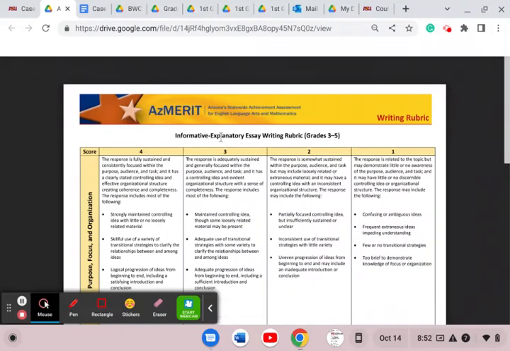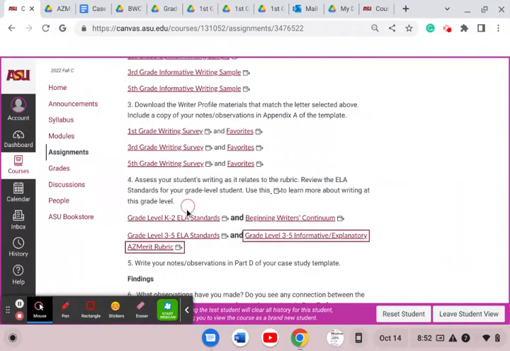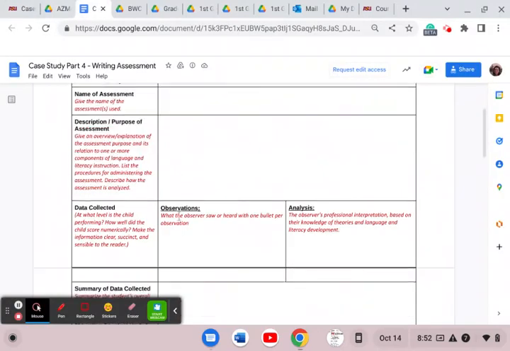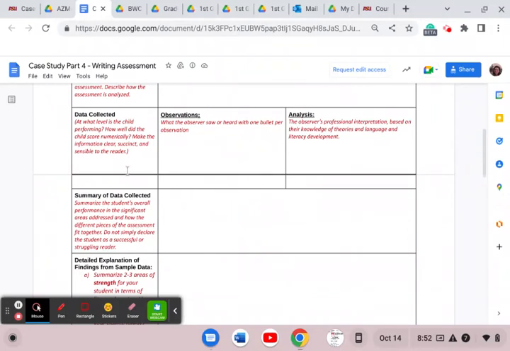So informative, explanatory, essay, writing rubric. There you go. Coming back to the template, data collected. So this is where you want to write what data you collected. So where is the child at in writing? What kind of motivation does the child have? And what are the child's likes and dislikes?